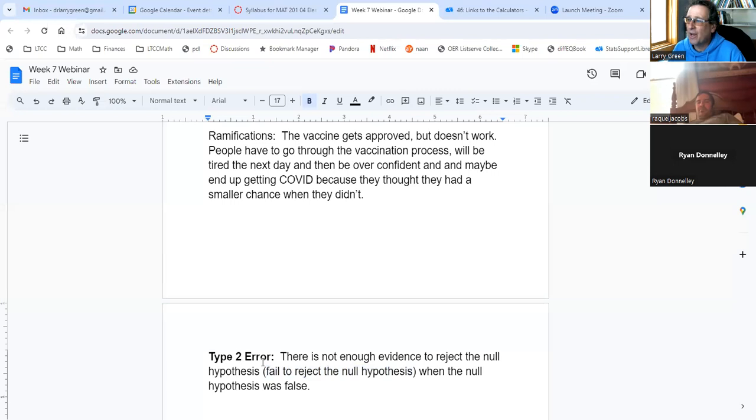I think a type 2 error is worse in this case, but they're both pretty terrible. If we ended up not having any vaccination and COVID just kept spreading and killing people, then I think a lot more people would have died with a type 2 error than with a type 1 error.